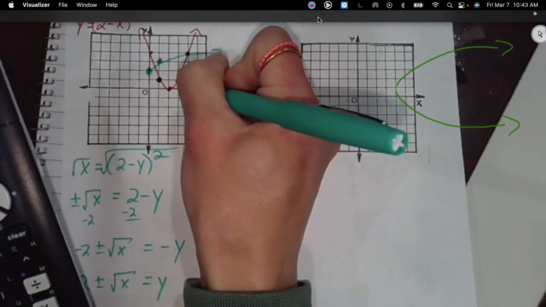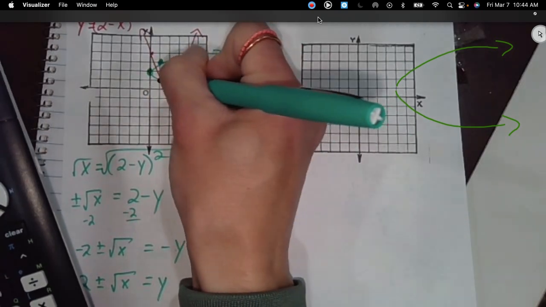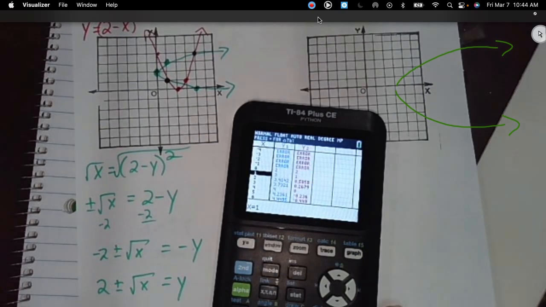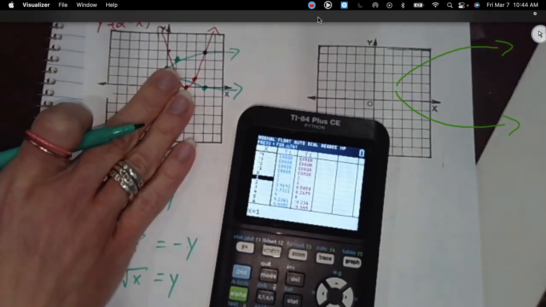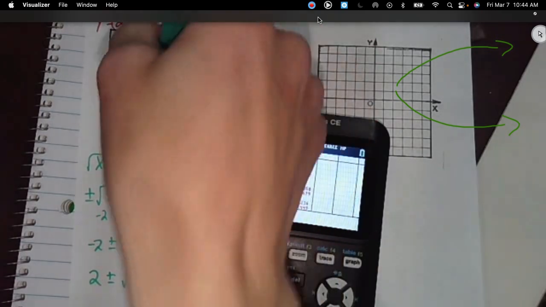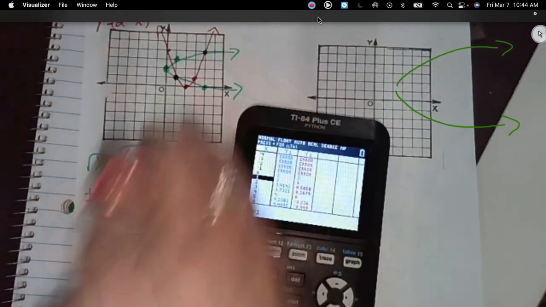And I'm guessing this one's going to be 0. I meant 4, 0, yeah. There's the other side. So there's my inverse function, okay? When it's a parabola, your inverse function is just going to be turned sideways. Now look, it could be turned backwards. Like if my parabola was an upside down parabola, this green one would actually be facing this way, okay?